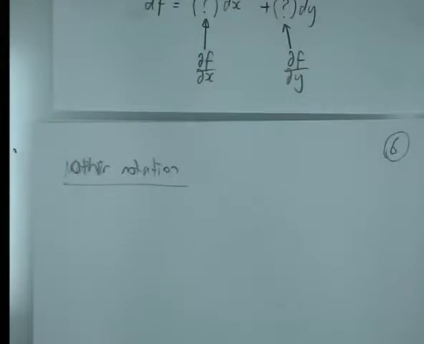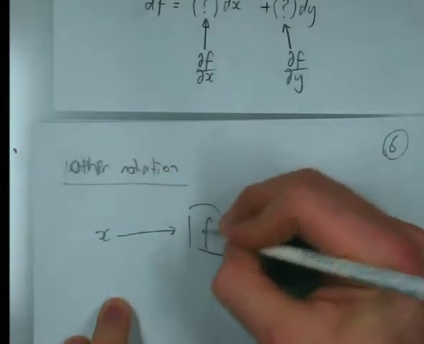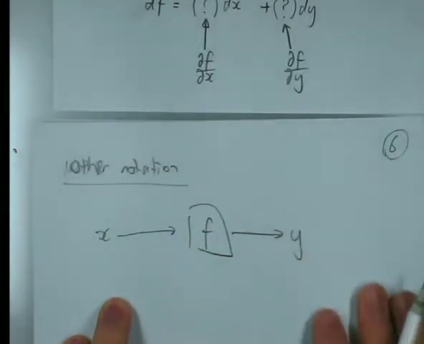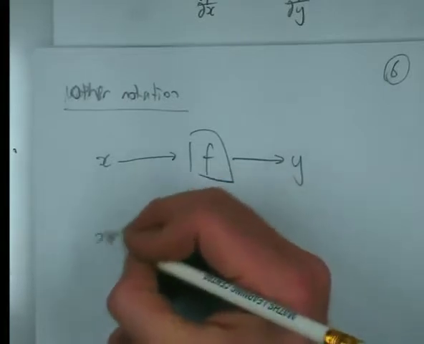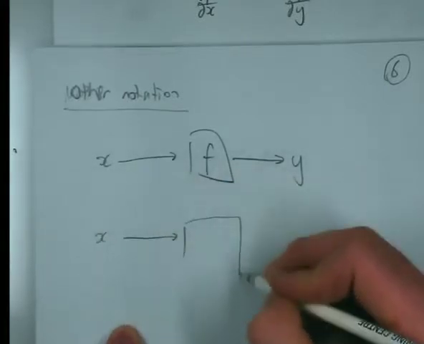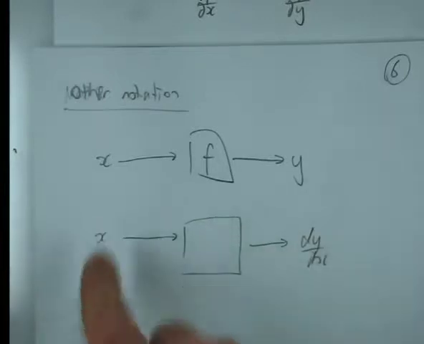So instead of having your original function which has an input and produces an output, and instead of it just telling you what happens when you change x by a little bit and then change y by a little bit, what you can do is you can say, well, what I want is a formula that if I chuck in x, what it will tell me is what dy and dx is at that particular x.